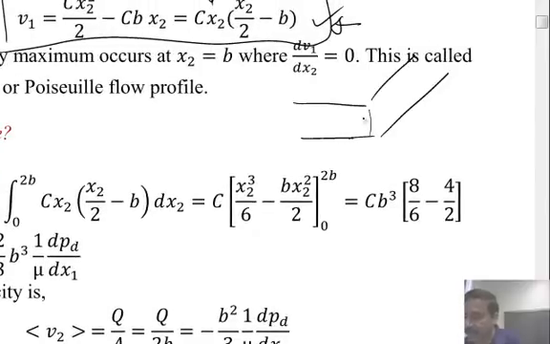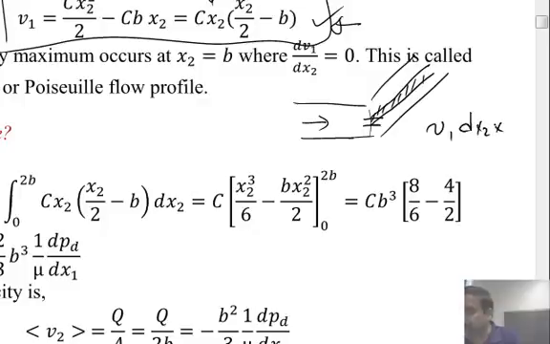I'm taking a differential area perpendicular to the flow. What is flow rate? Flow rate is velocity times the area. So if I have the velocity v1, and if I multiply this by dx2 times 1 in the perpendicular direction, in the z direction, I'm taking a unit length. So this is flow rate per unit width perpendicular to the board. That's what this Q is.